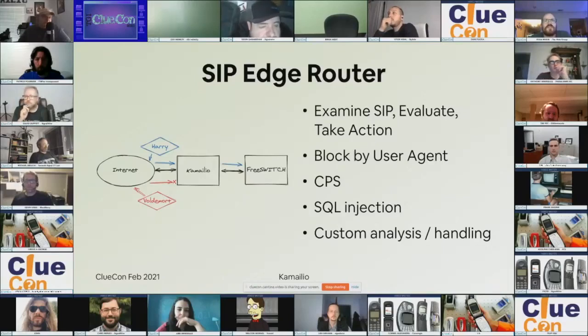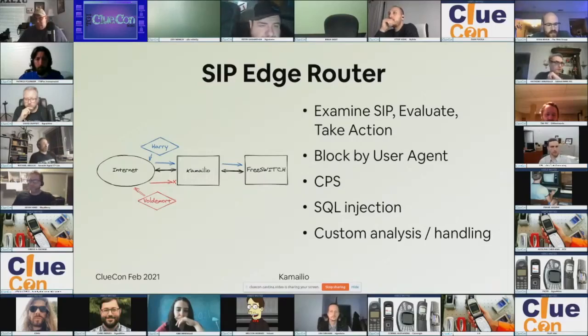We can block SQL injection. Any kind of custom responses or even no responses. Now, one of the things that I really love about Kamailio compared to, let's say, FreeSwitch handling of things is instead of returning an error message and then letting people try again, we can just ignore the response, right? So we just ignore it, just drop it.